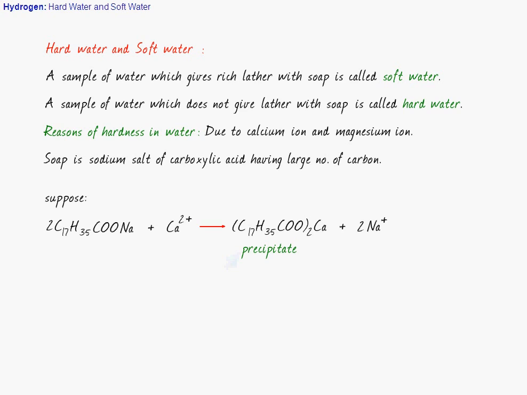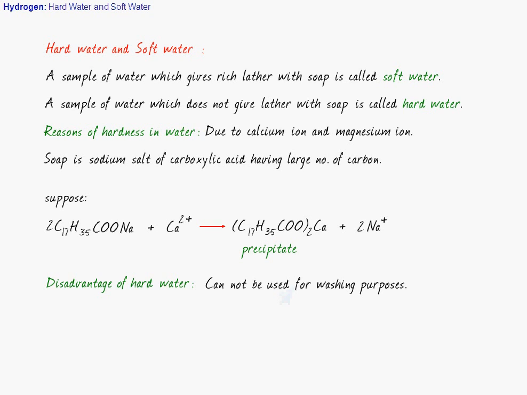Now, what are the disadvantages of hard water? Well, the hard water cannot be used for washing purposes, and at the same time, over a period of time, the inner surface of the boiler gets crusted with so-called boiler scale, which is largely calcium sulfate, calcium carbonate, magnesium oxychloride.